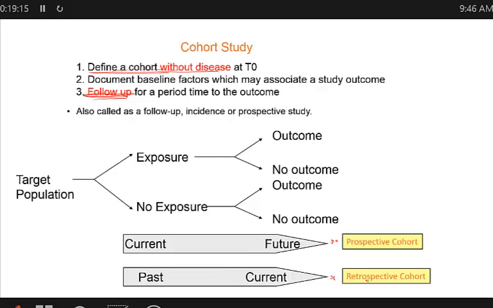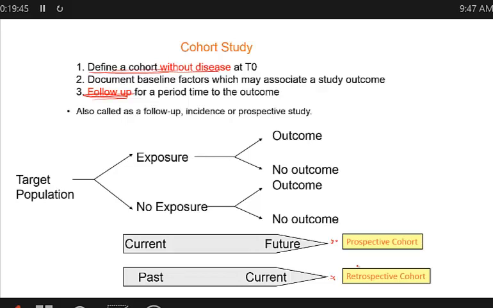Okay, so let me clarify. What defines a cohort? The definition of a cohort has nothing to do with the retrospective or prospective component, right? Whether you define patients today or 10 years ago, you define a group of patients based on some characteristic. The characteristic could be patients who came to the Vanderbilt outpatient clinic.